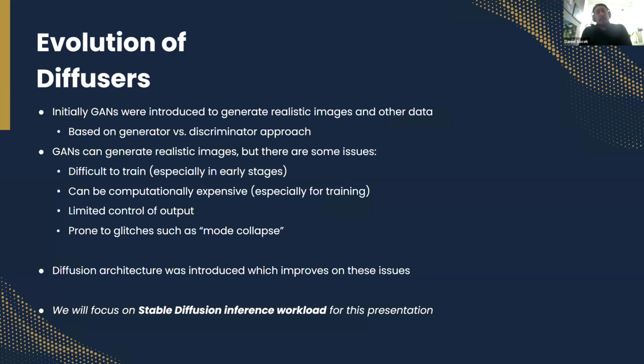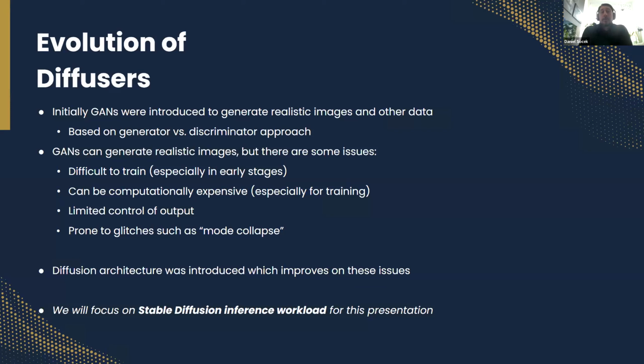But there are some issues. It is kind of difficult to train, especially in the early stages, so it takes a long time to train. It takes a while to set up the training constraints properly to get a good model at the end.